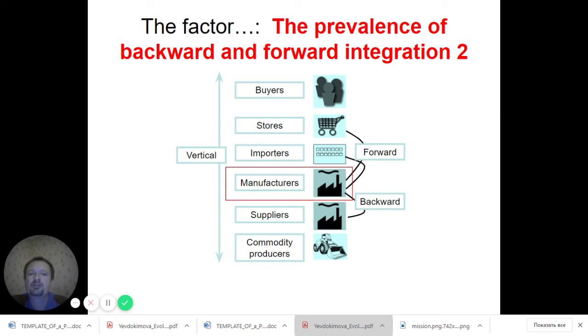the vertical integration process. Here we are manufacturers marked with red square, and if we want to organize, for example, some store to sell our goods, for example, if we want to organize website and sell our products through this website.